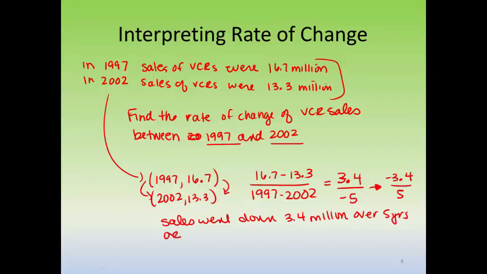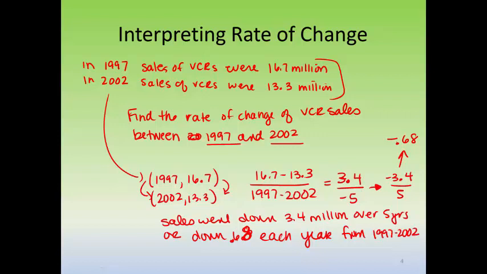Or we could say, if I actually did the division here, division would be negative 0.68. So that would be down 0.68, get that right, Miss Moran, 0.68 each year from 1997 to 2002.